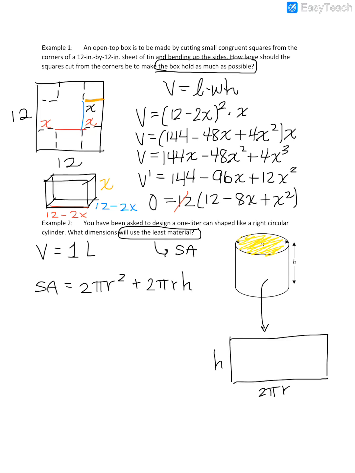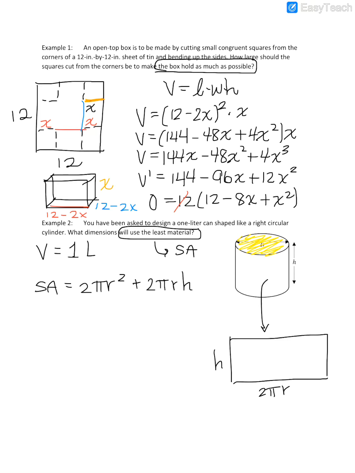Okay, so when I write this all down, I'm noticing I have 2 variables. I have an r and I have an h. So I don't want that. I want 1 variable, and that's where our volume of 1 liter is going to come in, because that allows us to relate the radius and the height to each other, and then we can solve for 1 and plug it in.